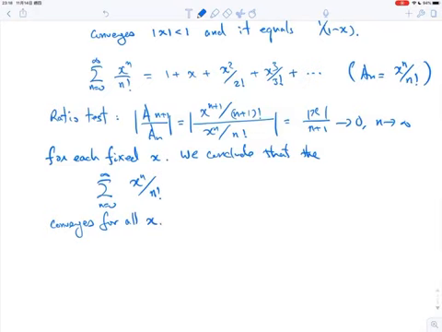And by that we mean any fixed x that you choose, the series will converge. And so we say that it converges for every x. Of course, for a different x with a smaller size or bigger size, how the series actually converges would be different. But as far as convergence is concerned, they all converge.